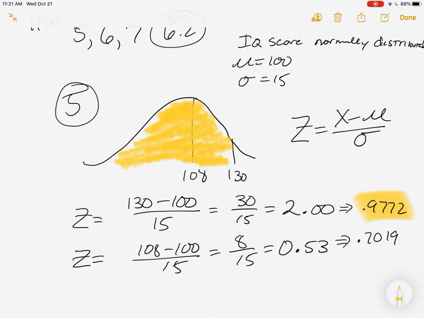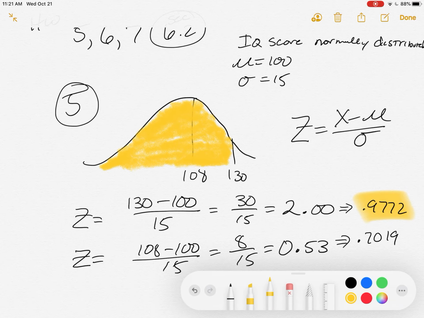So there are 97.72% of all IQ scores below 130, which means there's a small percentage above 130. So if you have a more than 130 IQ, you're in the top like 2%, 2.3%. That's awesome. But that's the 0.9772. The 0.7019, sorry if that looks like a 2. The 0.7019, let me highlight that in blue.